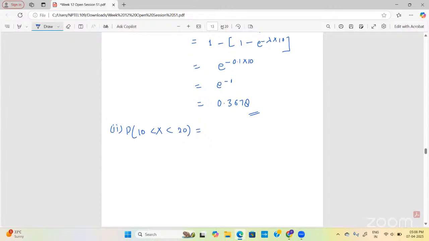Okay, so here, by using the property which we have seen earlier, we can write it like this: probability X is less than or equal to 20 minus probability X is less than or equal to 10. Since it is a continuous variable, we can write it less than 20 also or less than or equal to 20 also. It will not affect.